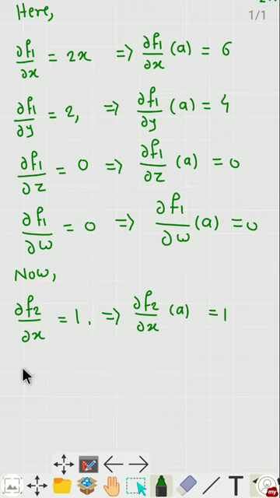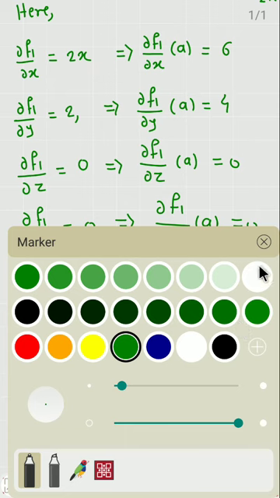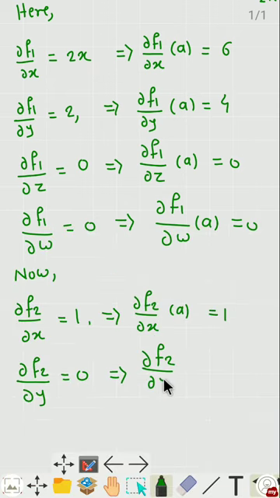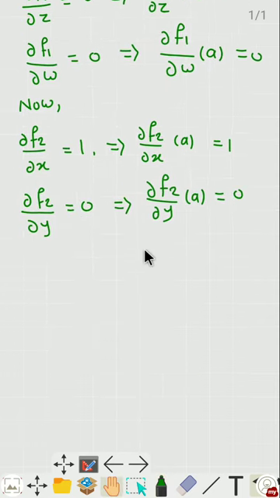Now dou f2 by dou y is equal to 0, and its value at point A is equal to 0. Now let us go to the next derivative.